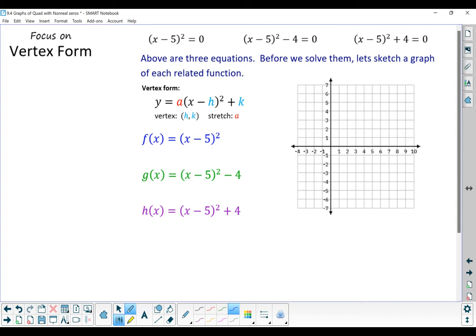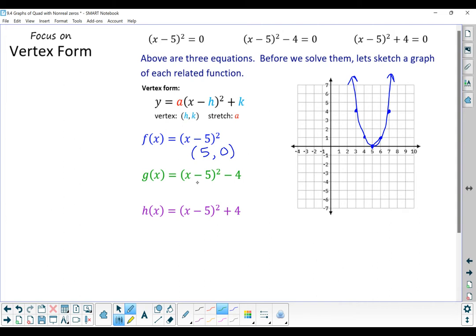So the vertex of this first parabola, f of x, is 5, 0. So that's right here. And we'll go up 1 over 1, up 3 over 1, up 5 over 1, and we've got those two symmetric sides. Oh, geez, my parabola graphs are not that great today. Sorry. So that's our first function, f.